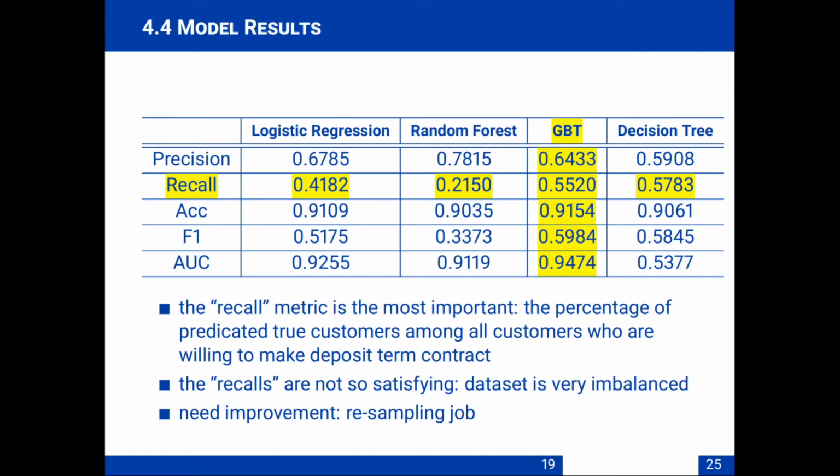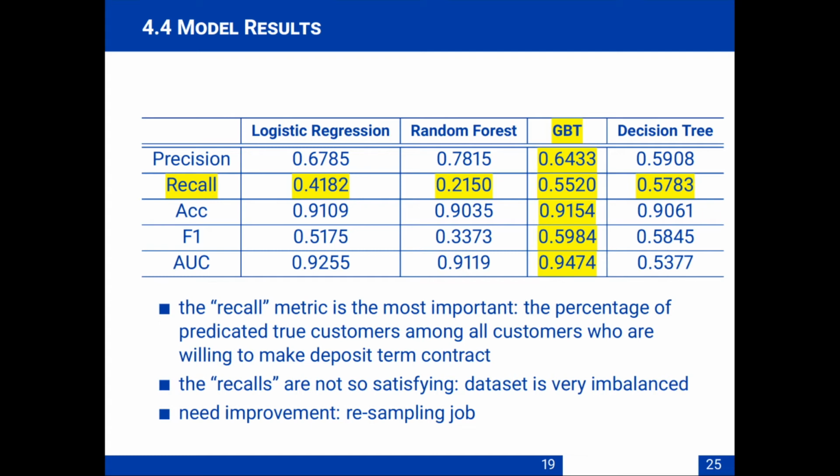Since the dataset is imbalanced and label 0 class makes up the majority, if the models predict all examples with label 0, it can get a good-looking accuracy. But this doesn't make any sense for the banks to find their potential customers for deposit term contract.